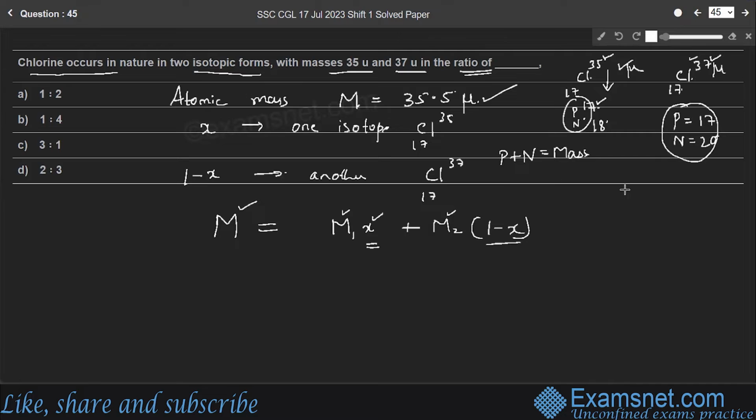So let us calculate the relative abundance. Relative abundance means the abundance of one isotope with respect to another isotope, which is the X divided by 1 minus X ratio, called the relative abundance of isotopes.